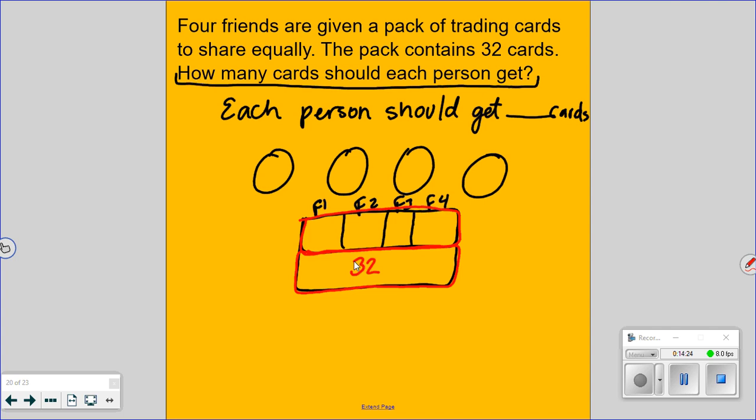We skipped this step on accident on our last problem, and I did not mean to do that. But we need to make an equation. What does this match in math language? What kind of equation am I going to be making based on this bar model?